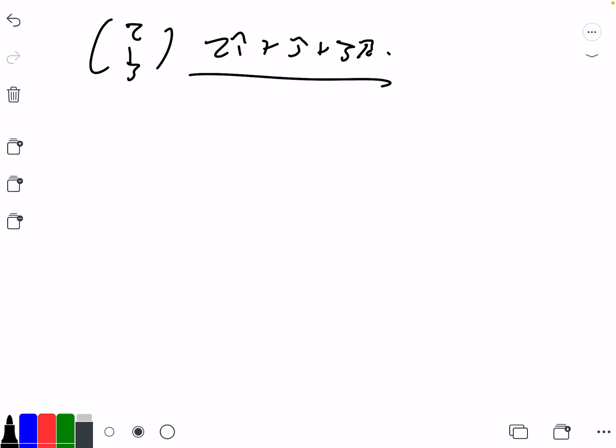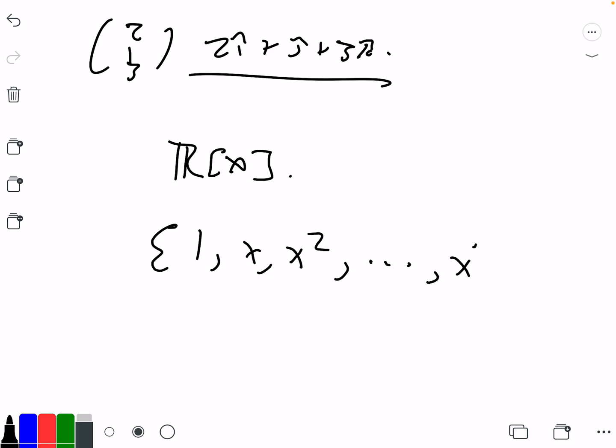Bases don't necessarily have to be finite. So consider, again, the set of all real polynomials. This has an infinite basis because, obviously, we have 1, x, x squared, x^n for any value of n, and it keeps going because you can have any degree you want as long as it's an integer, and there are infinitely many positive integers.